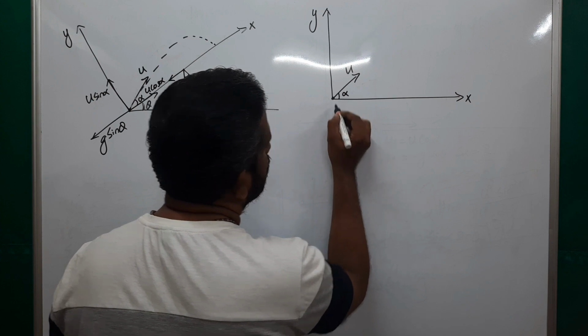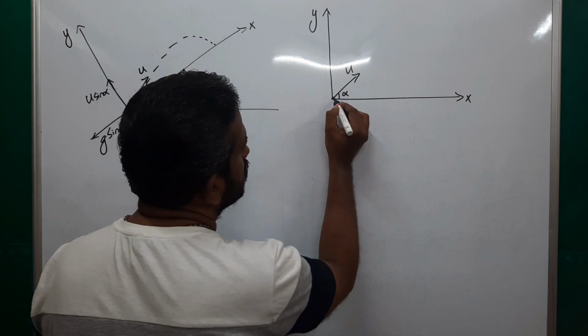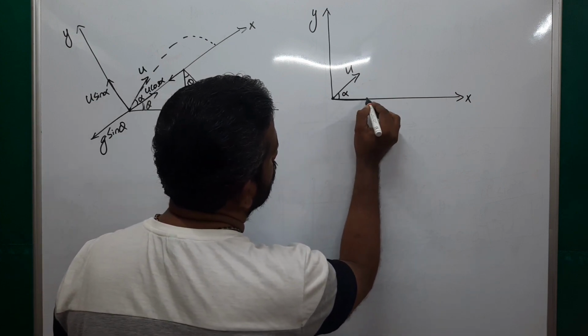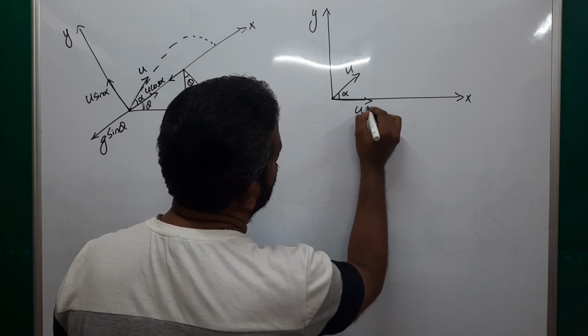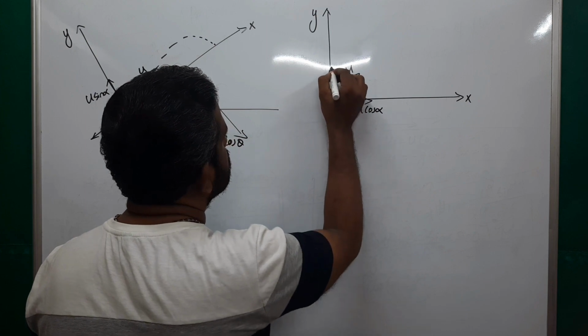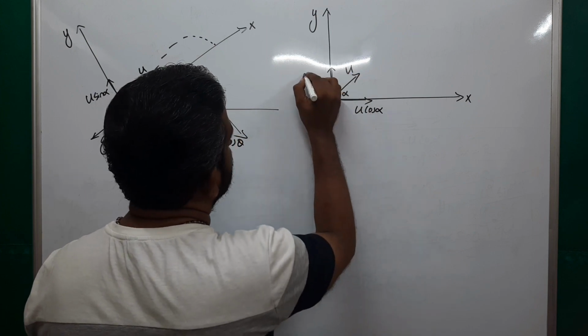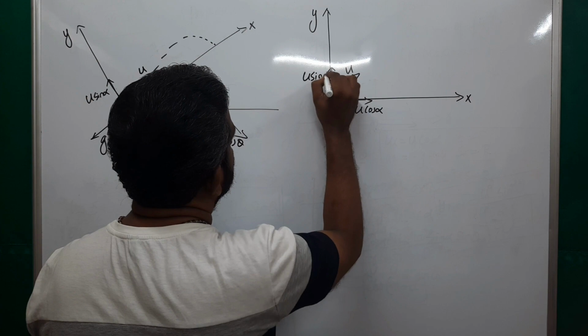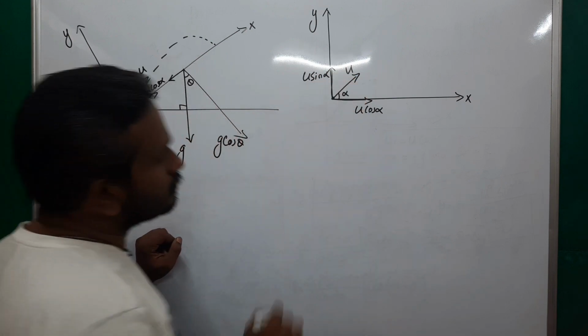The initial horizontal velocity is u cos alpha and this is u sin alpha.